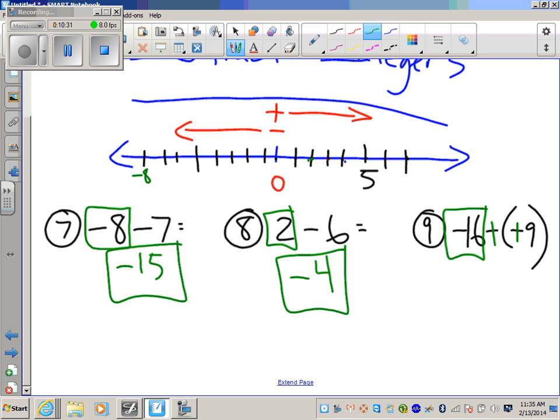So I'm going to come back 9 places this way from my negative 16. Three for 3. 2 for 3. 1 for 3. You took the collar. You went the wrong way 3 straight times.